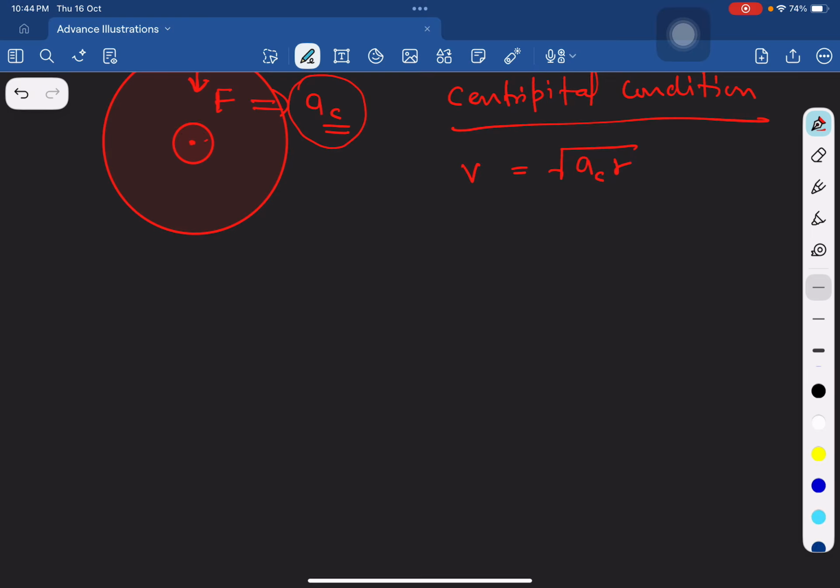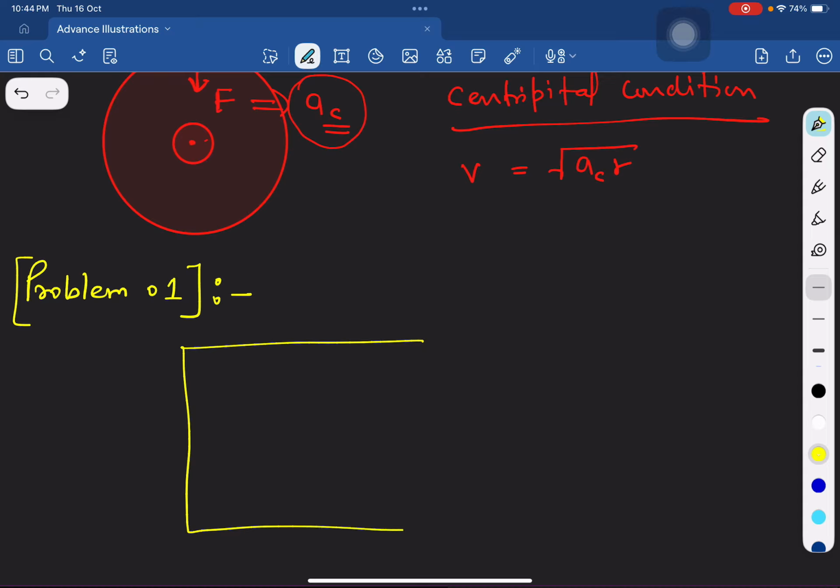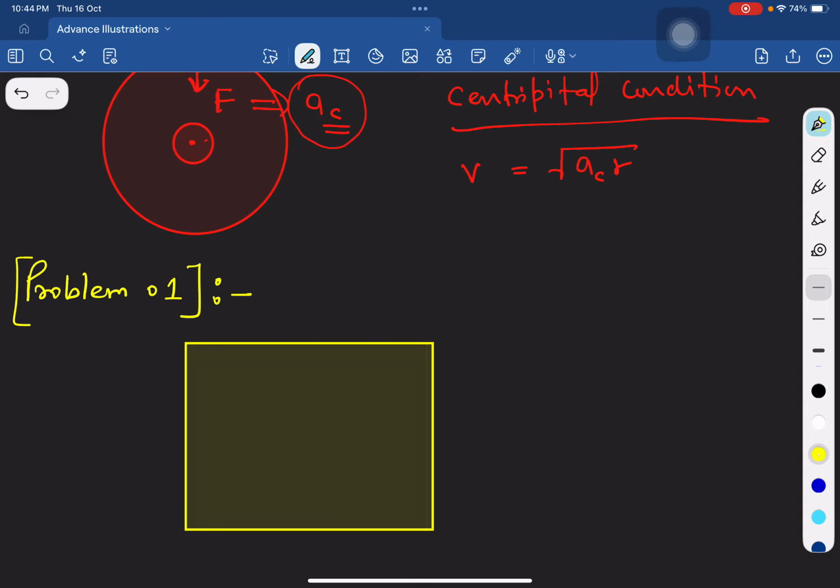So guys, if you see problem number 1, the problem is this way: there is a horizontal table. This is a top view, so don't get confused that it is not a horizontal table, it is a top view.